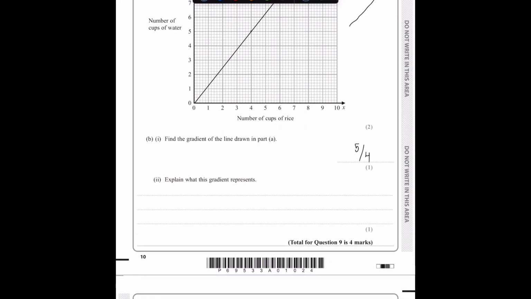So we write that down. So the number of cups of water needed per cup of rice.